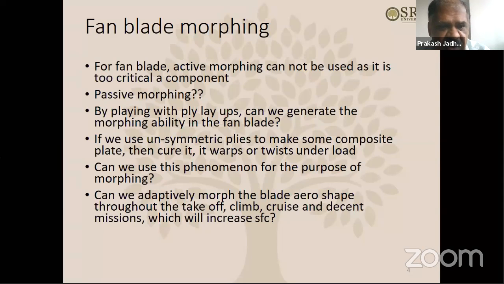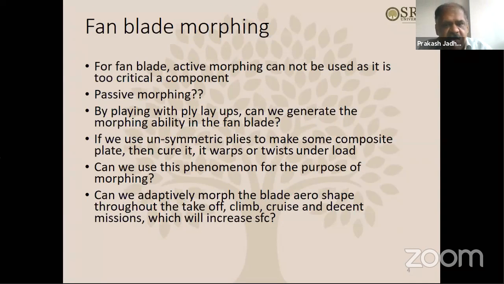Okay. So if we use some unsymmetric plies to make a composite plate and then cure it, it warps at least under load. I mean, if you take a simple plate and put some unsymmetric plies, and later on you cure it, and then if it is used and some load is applied, it can warp or twist. So this is the concept actually.